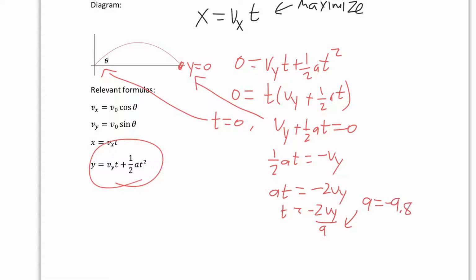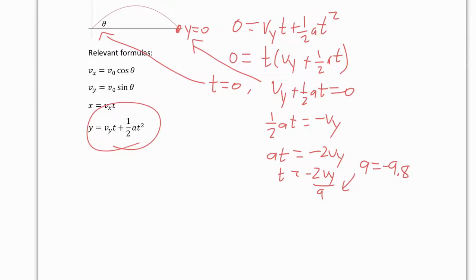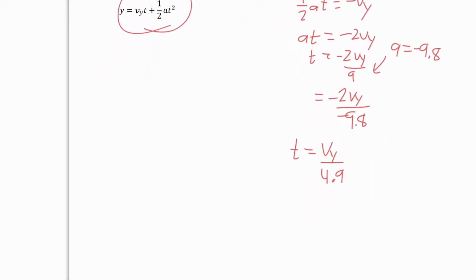You could actually do this question without even plugging in for a, but just to give you something to hold on to, we are going to put a equal to negative 9.8. So we're going to get negative 2 vy over negative 9.8, which is going to work out to the following. T equals vy over 4.9.